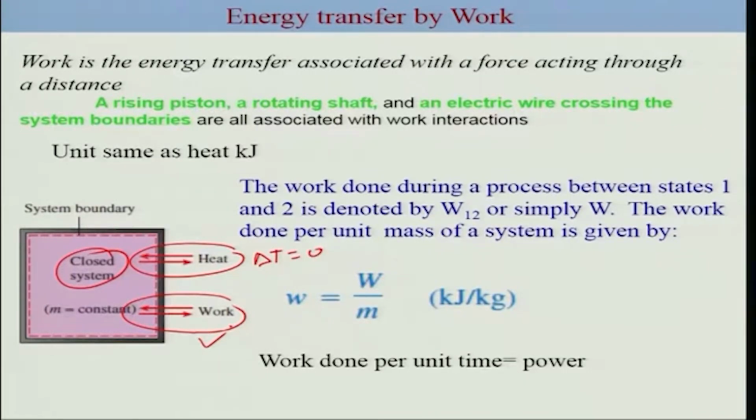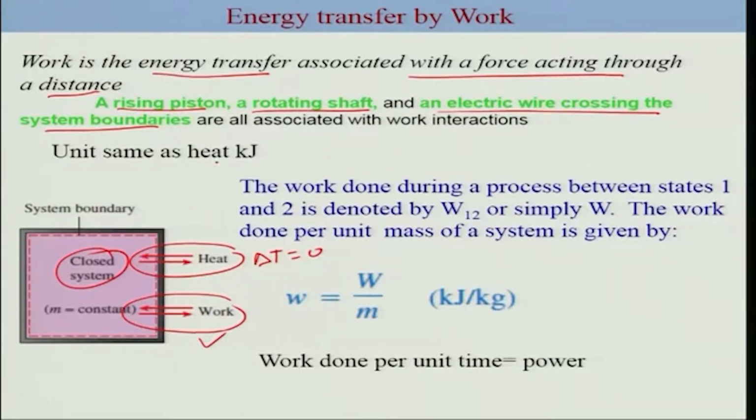Now work is the energy transfer associated with a force acting through a distance, and the examples are the rising piston, rotating shaft, and electrical wire crossing the system boundary. These are all different kinds of work, and this is related to some form of force which acts through a distance.